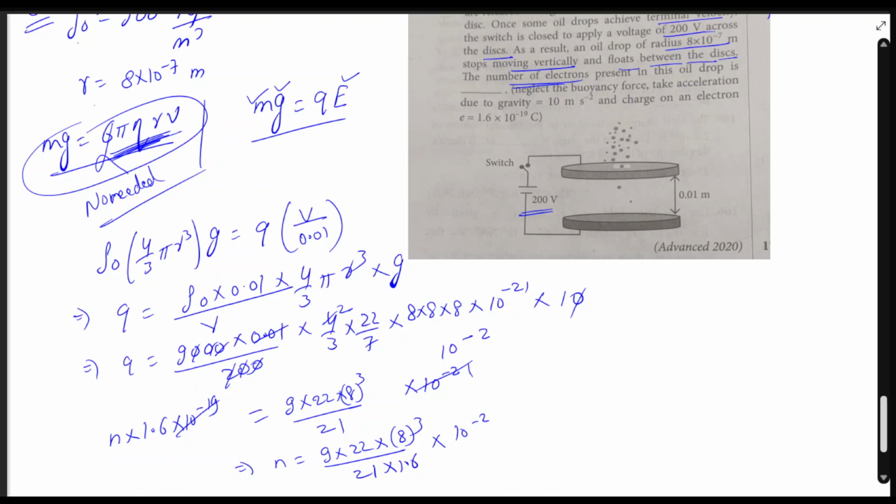Now just let me use the calculator really fast. So we have 9 into 22 into 8 cube, right? Divided by 21 divided by 1.6, right?